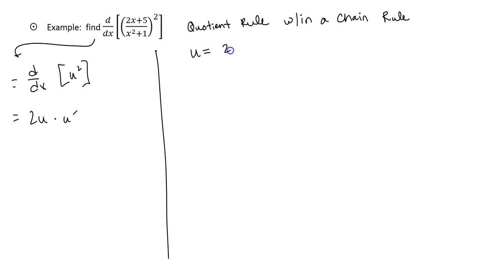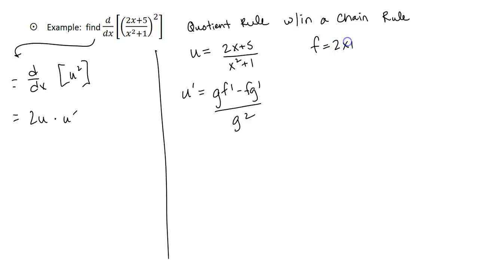So u is 2x plus 5 divided by x squared plus 1. So we know that we're going to need u prime to be low d high minus high d low over low low. So f here would be 2x plus 5, g would be x squared plus 1. So f prime is 2 and g prime is 2x.